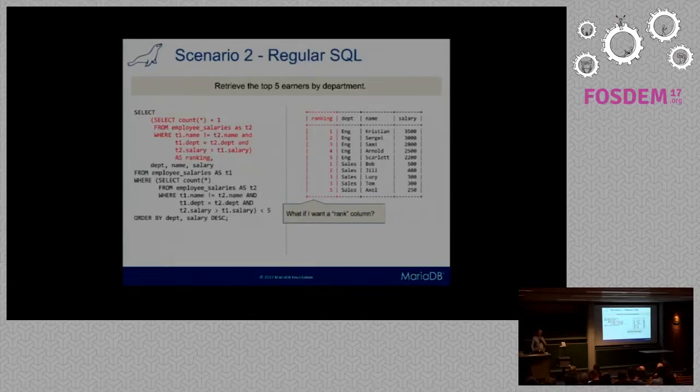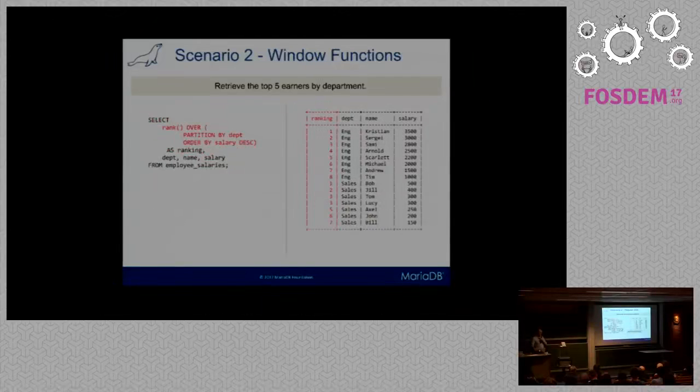Unfortunately, if you want to get a rank column for them, you would have to define the query again, which makes the whole query look like a mess. But with window functions, we have a very interesting solution, which is the rank function, which does just this. First, we just partition the data by department, and then we rank it in order by salary decreasing for this example.